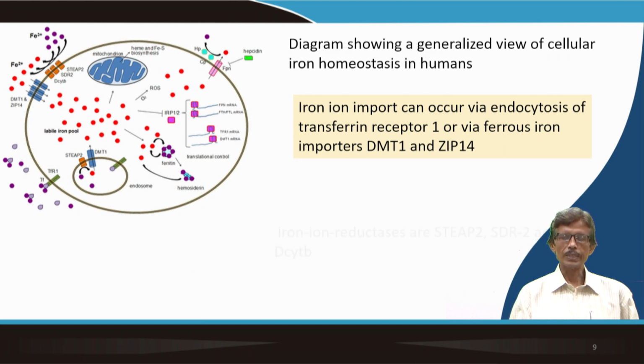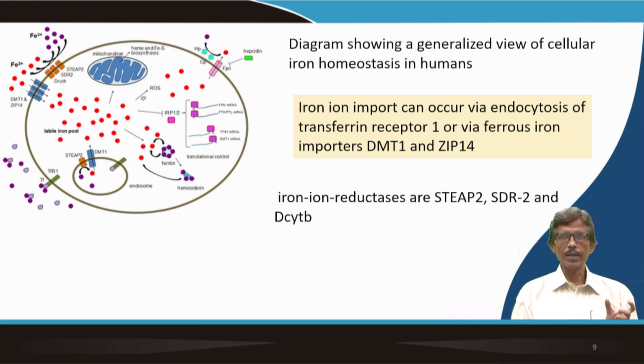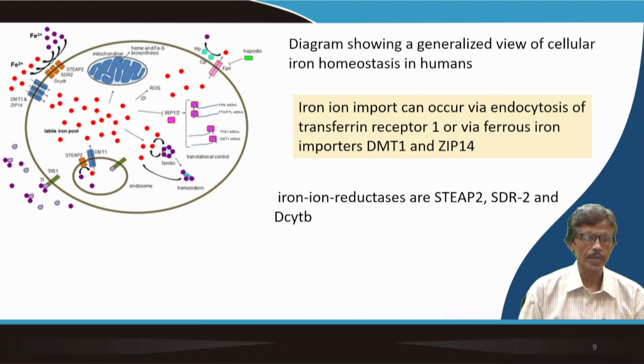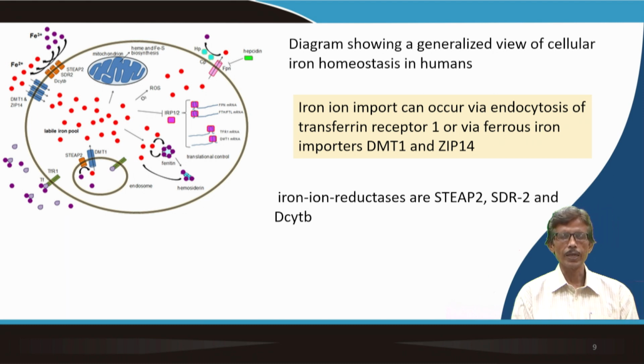It basically takes care of the bivalent state of iron, so that is why it is the divalent metal ion transporter. Your question is very simple: only if we have iron 2 plus can it bind to DMT1. Then you have the reductases, that means if iron 3 is there, we have to reduce it so that it will be recognized by DMT1.